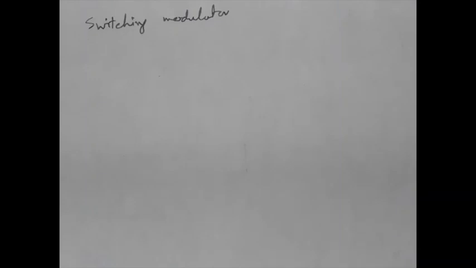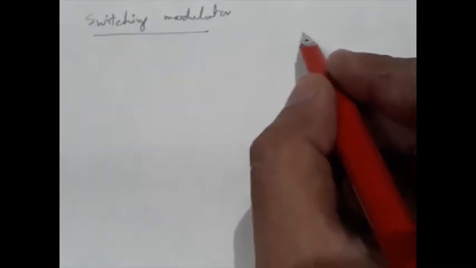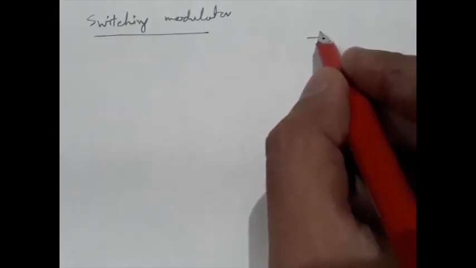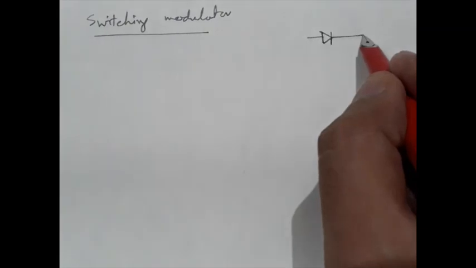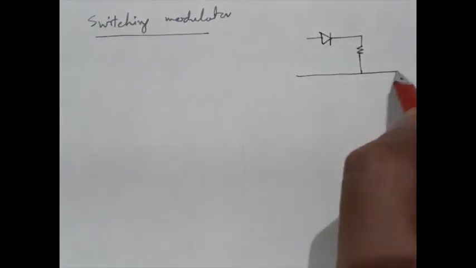Today we will discuss a kind of high level modulator, and one such high level modulator is the switching modulator. The circuit diagram for the switching modulator is almost identical to that of the previous type of modulator.